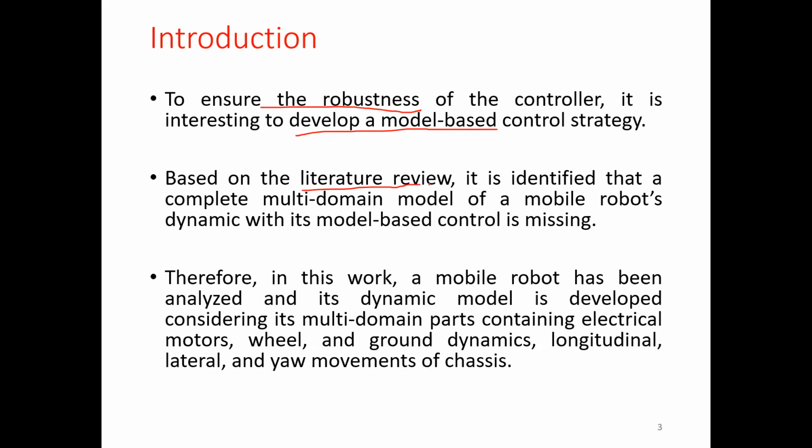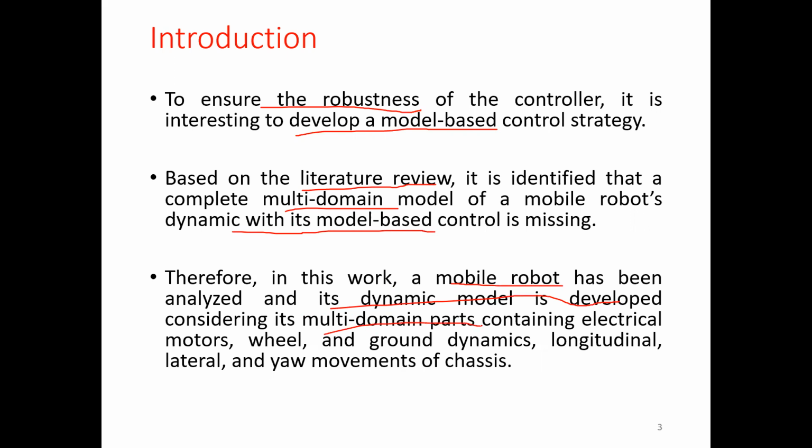From the literature review, it is identified that a complete multi-domain model of a mobile robot dynamic with its model-based control is missing. Therefore, in this work, a mobile robot has been analyzed and its dynamic model is developed considering its multi-domain parts.